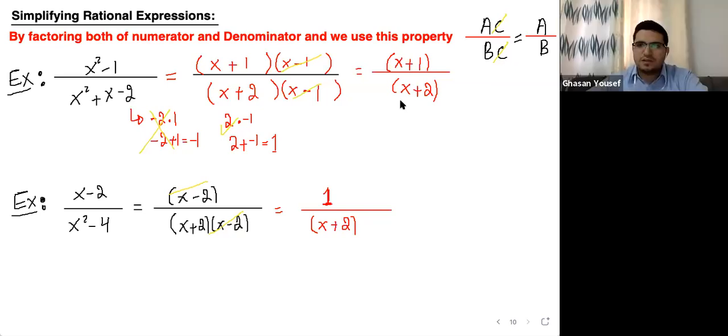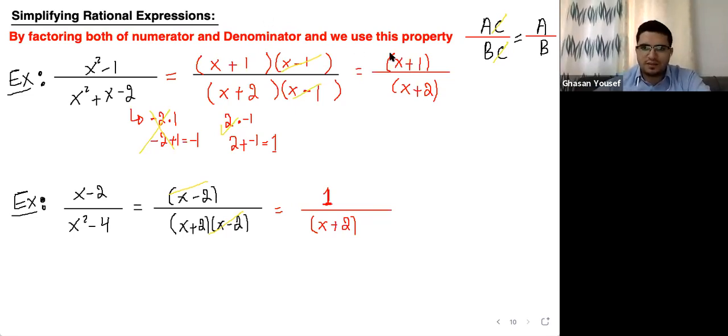Like he said, I can plug any real number into the numerator, no problem. Positive will be fine, negative will be fine, 0 will be fine. But in the denominator, I cannot plug any number. The only number I cannot plug in is -2, because -2 plus 2 gives me 0, and any number over 0 is undefined.